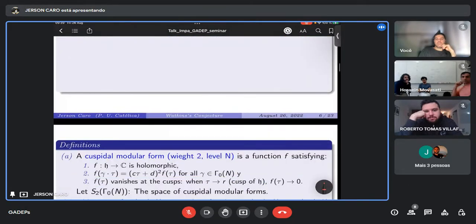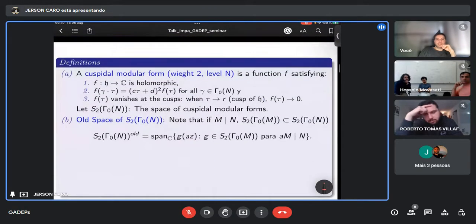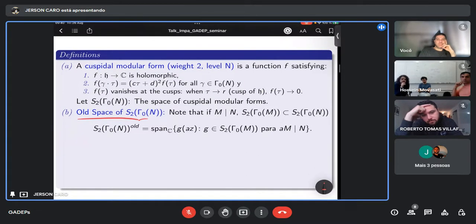So this is a finite dimension space. And we define an old space, which is a subspace of S2(Γ0(N)), and it's the space of all the modular forms. The thing is that if M divides N, then we have this inclusion.